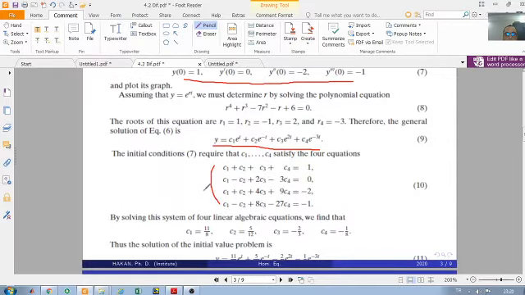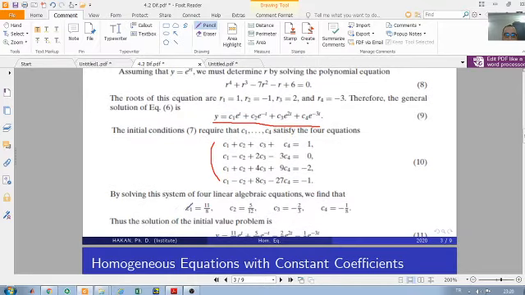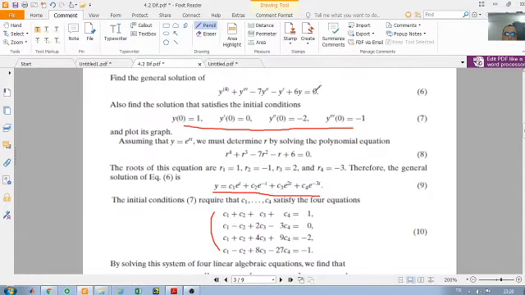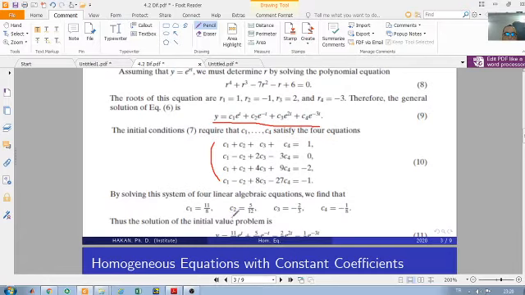And by solving this system of four linear algebraic equations, remembering the linear algebra, we find the constants, and writing them into the general solution, we will have exactly one solution for this differential equation, which is written as 11 over 8 times e to the power t.